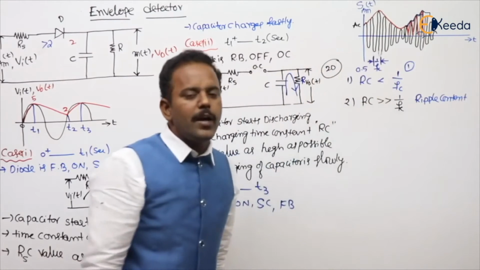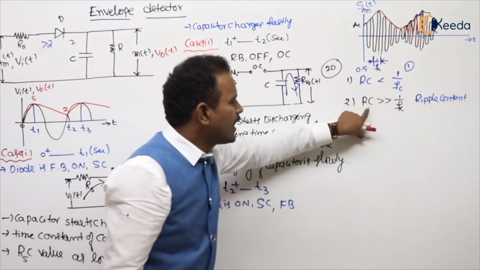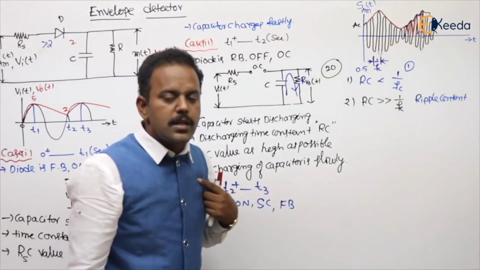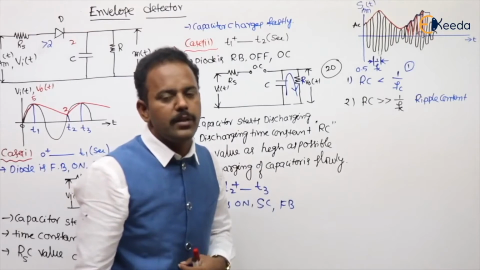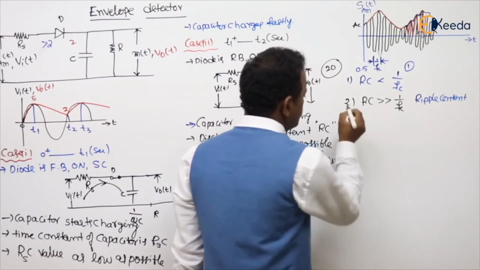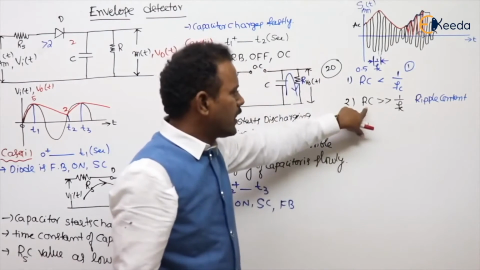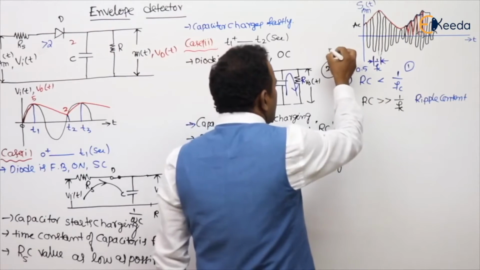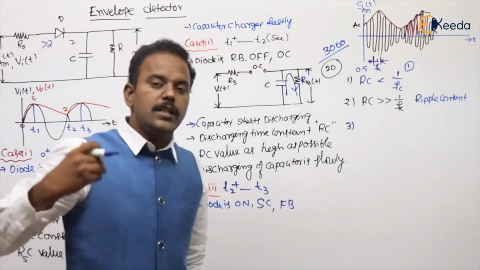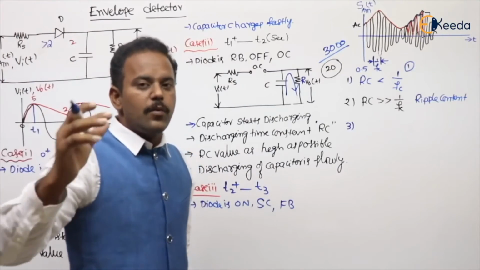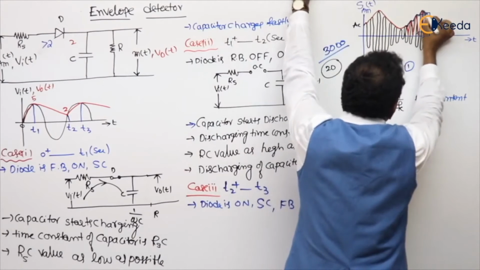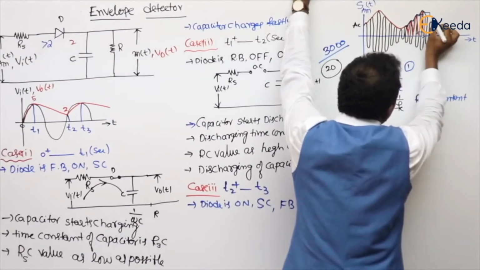How are we decreasing ripple content, sir? By taking RC value far greater than 1 by Fc, that is, the discharging time constant of the capacitor larger when compared with the time period. Third point: I told you to take more, but you cannot take like 300, 400, 3000, not like that. If you take such large values, anyhow after this peak it has to discharge and come to the next peak values.